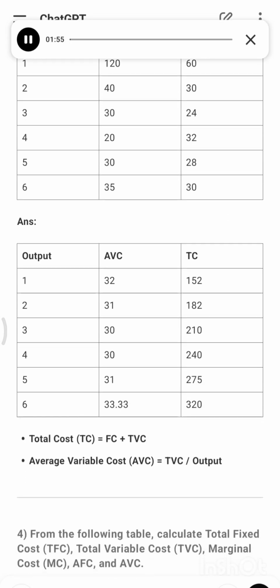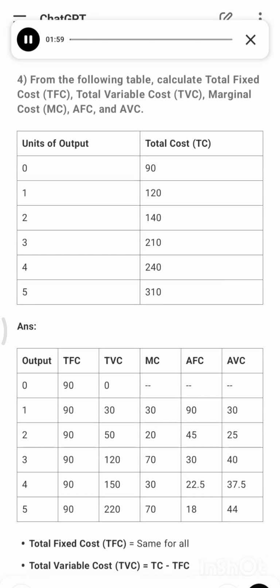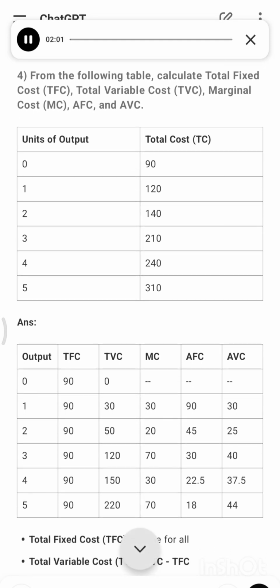4. From the following table, calculate total fixed cost, TFC, total variable cost, TVC, marginal cost, MC, AFC, and AVC. Units of output and total cost: 0, 90; 1, 120; 2, 140; 4, 210.